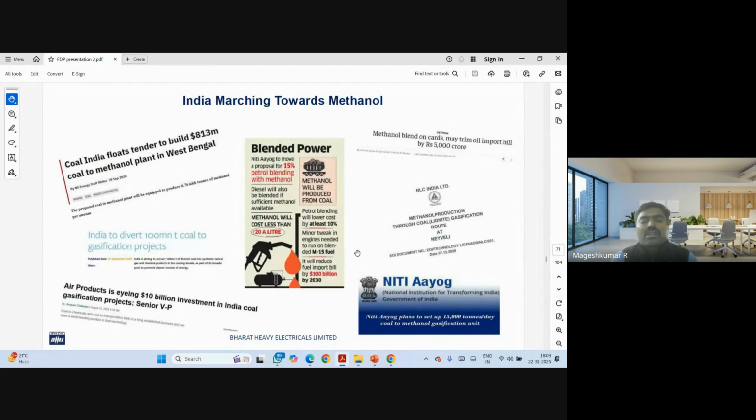Then these are the snippets with respect to methanol. What the Indian government thinks: Coal India floated a tender for $813 million for a coal-to-methanol plant in West Bengal, and India plans to divert 100 million tons of coal to gasification plants. In turn, this reduces the environmental impact, and energy independence toward a developed nation was aimed for by investing in these projects.